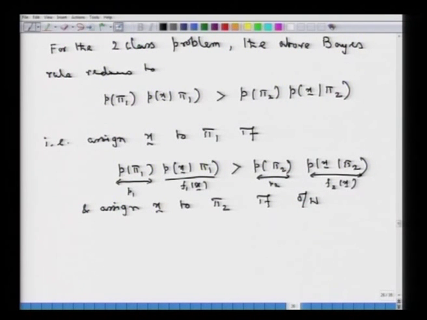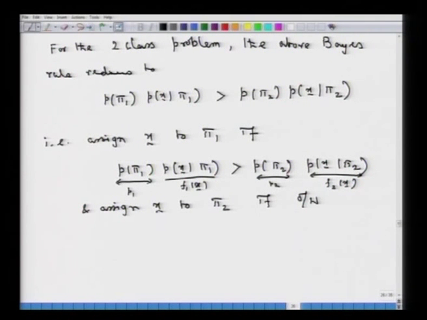So the Bayes classification rule for the two class problem is precisely the rule which we had obtained, which was minimizing the total probability of misclassification.